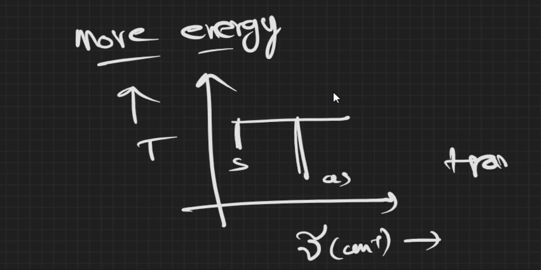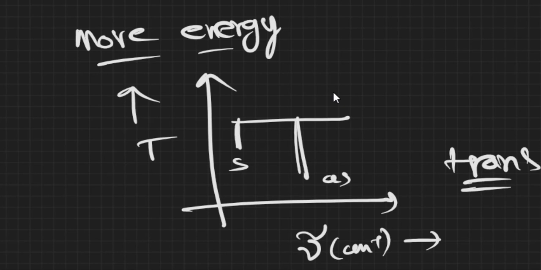As I have already shown, the symmetric stretch has lower frequency compared to the antisymmetric stretch. It is because for the symmetric stretch, the CO dipoles are oriented opposite to each other, so they kind of cancel each other.